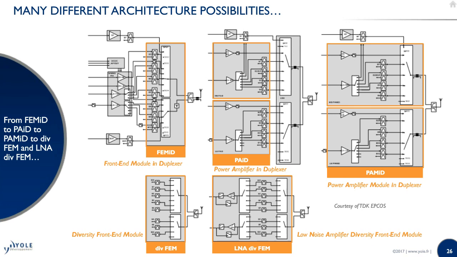That's on the main path, where you will have the reception and the transmission. Another path I will show you afterwards is where we added a second antenna just for reception only. Okay, we added a second path, and we'll add more of them in the future. That's what we call the diversity path. And then you find exactly the same principle, integrating filters with switches, or low noise amplifiers with filters with switches. Okay, so a lot of various architecture possibilities.